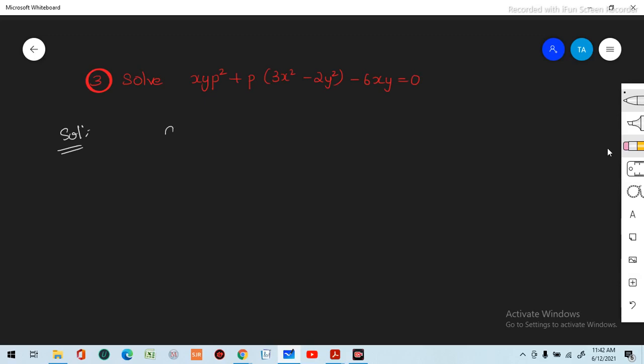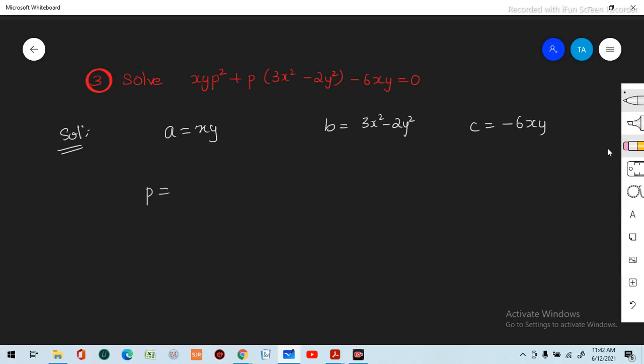So how do we solve? a is equal to xy, b is equal to 3x square minus 2y square, c is equal to minus 6xy.